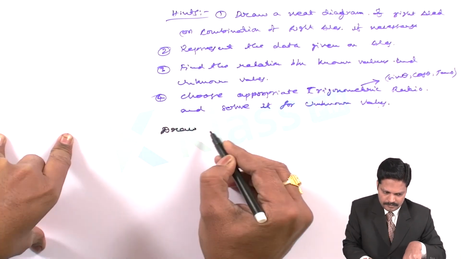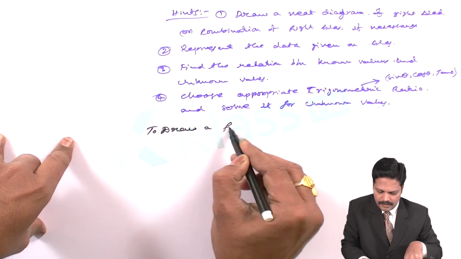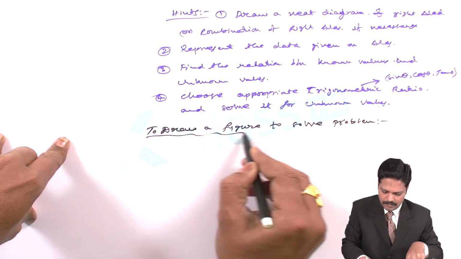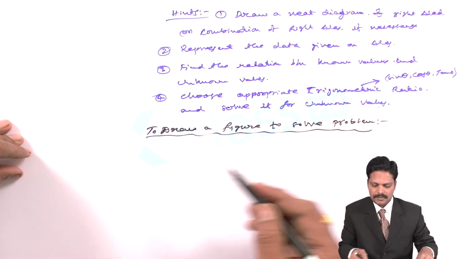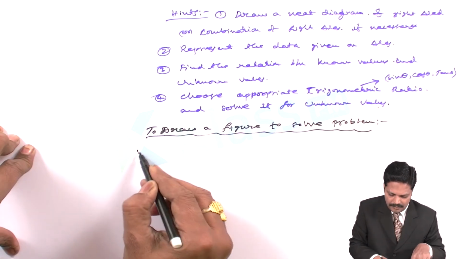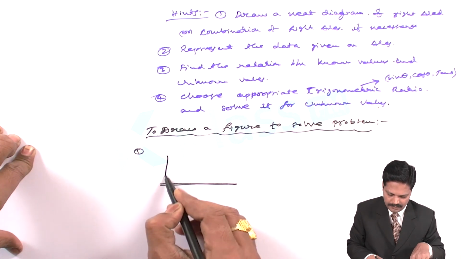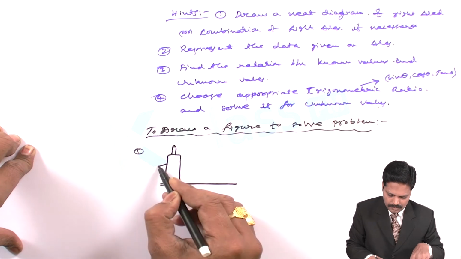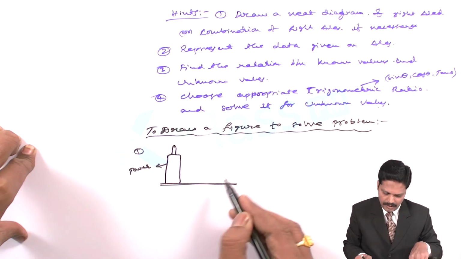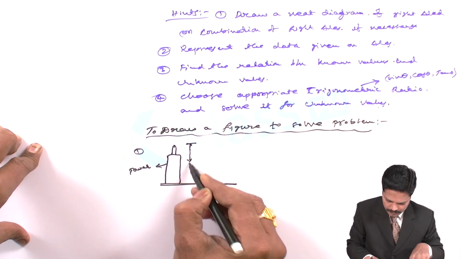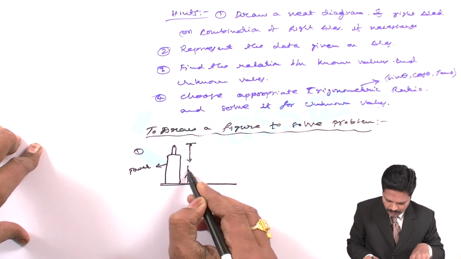How should we draw the diagrams to get the answer? I am giving one example here. This is the ground level. Here we have the tower, and we are calculating the tower height from the ground level as h.